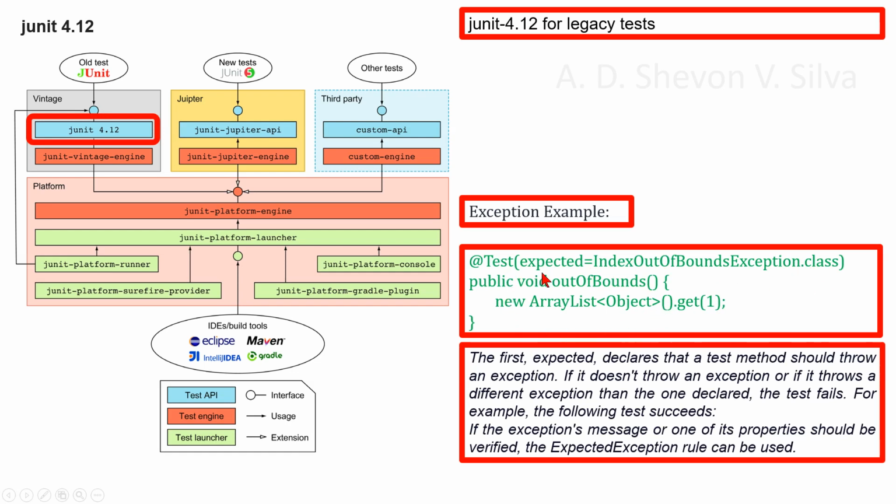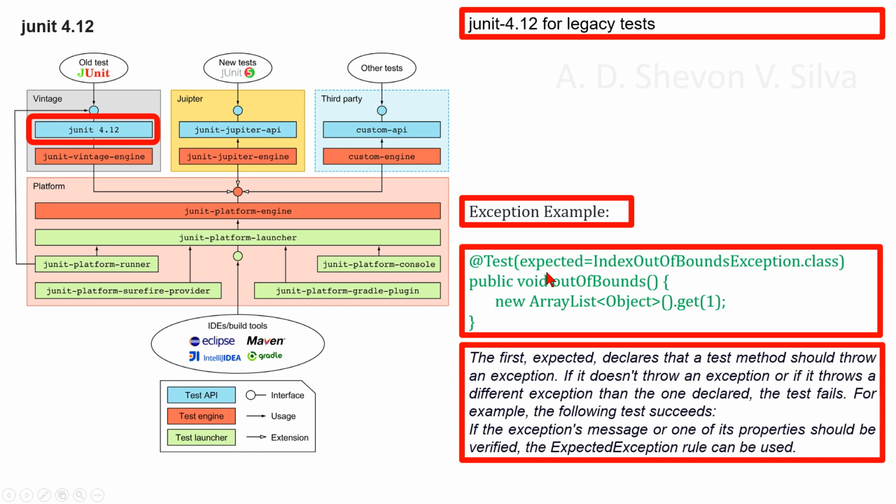Using the parameter expected for exception testing comes with some limitations. Only the exception's type can be checked, and it is not possible to precisely specify the code that throws the exception. Therefore, JUnit 4 has improved its support for exception testing with assertThrows, the class Throwing Runnable, and the ExpectedException rule.